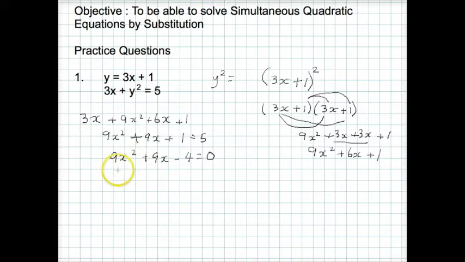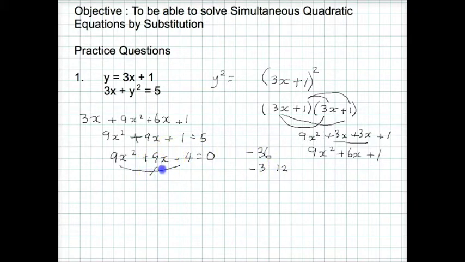So, let's solve this by factorising. 9 times minus 4 gives us minus 36. We're now looking for two numbers that multiply to give us negative 36 and add to give 9. You should be able to see that those two numbers are minus 3 and 12. Minus 3 times 12 gives us the negative, and minus 3 add 12 takes us to positive 9.